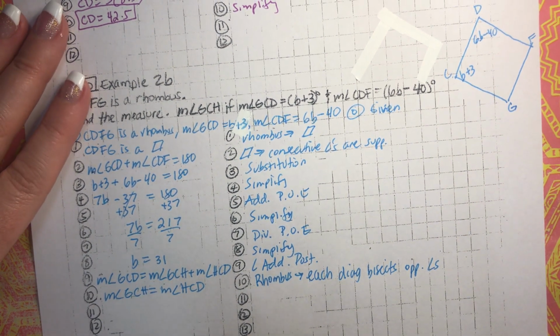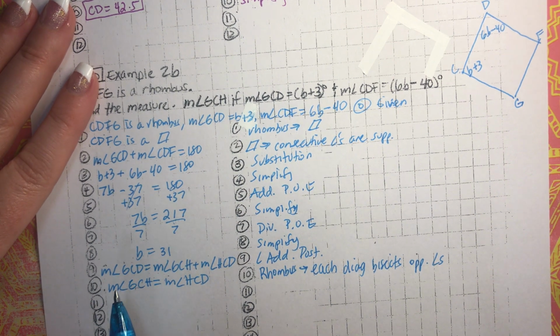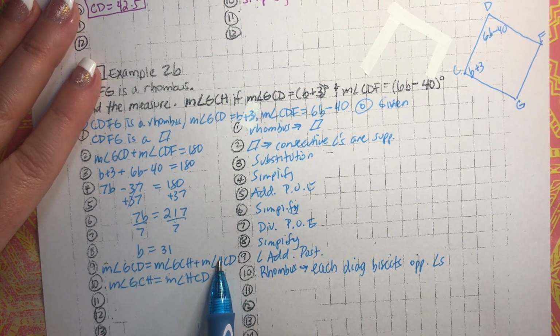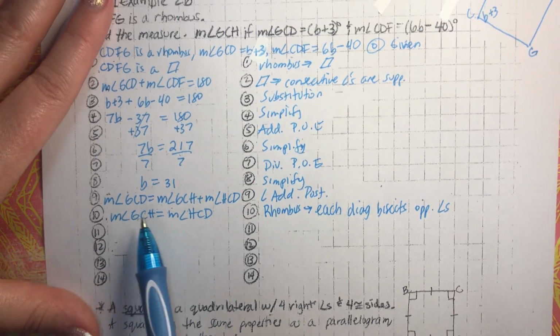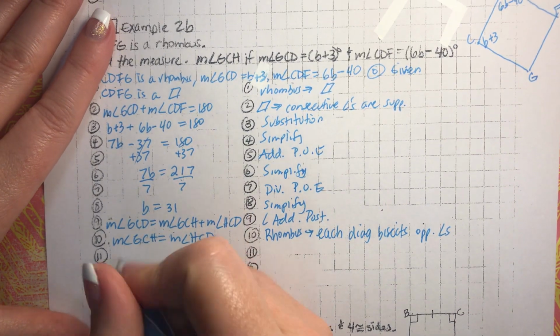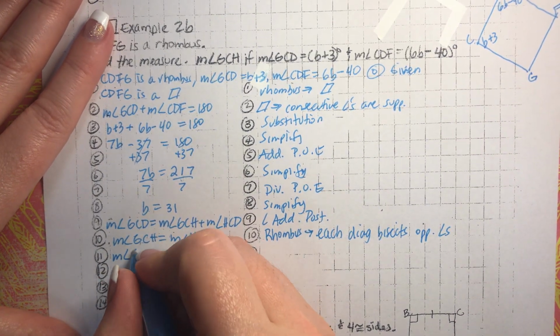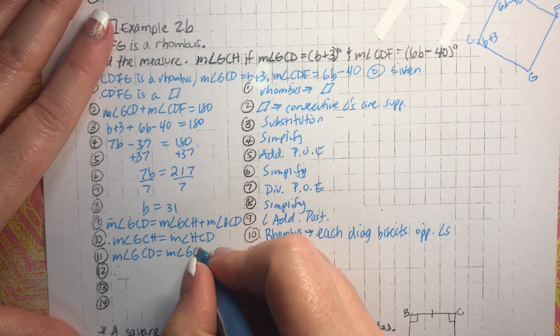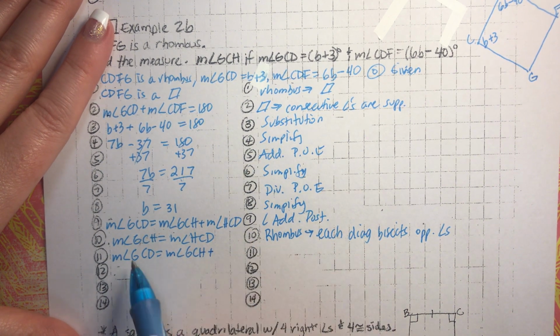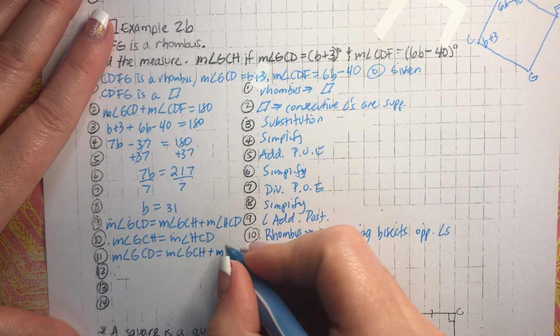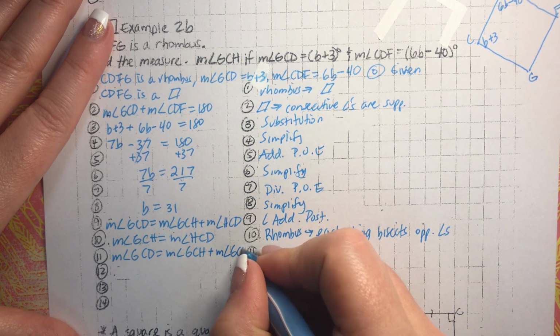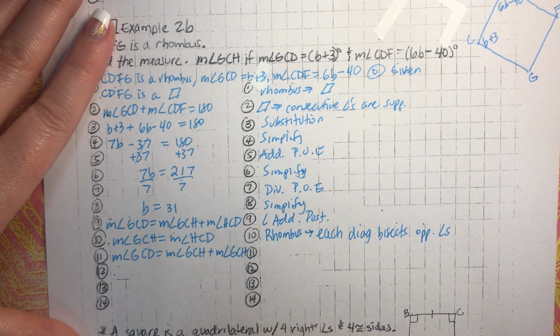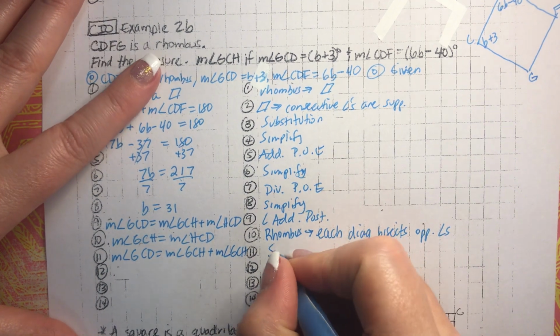Because of that, we can substitute this in for that. We end up with the measure of angle GCD equals the measure of angle GCH plus the measure of angle GCH. That's just substitution.